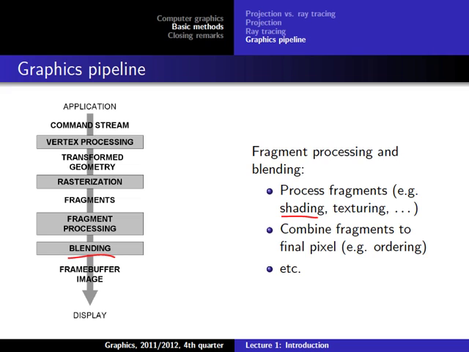Good. And then we know for each pixel what color we have to draw, and we write that color into the so-called frame buffer, which is basically an array representation of the final information that we put on the screen. Good.